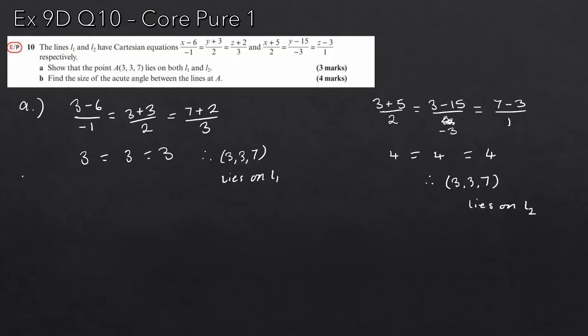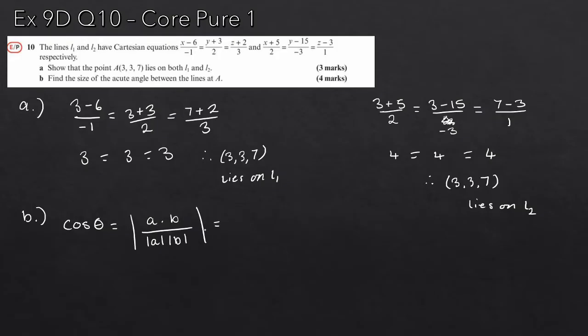Okay. And then for part B, we have to find the size of the acute angle between the lines at A. So we just need the formula for this. That's going to be cos theta. It's going to be equal to the absolute of A dotted with B, the scalar product, divided by the modulus of A times the modulus of B. Okay.